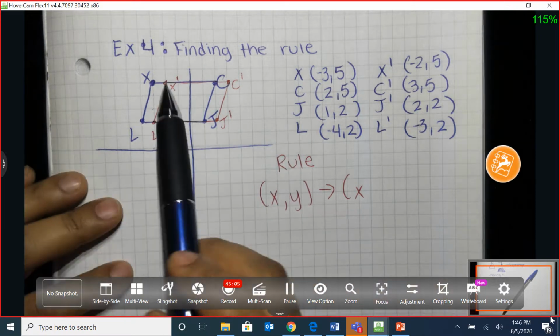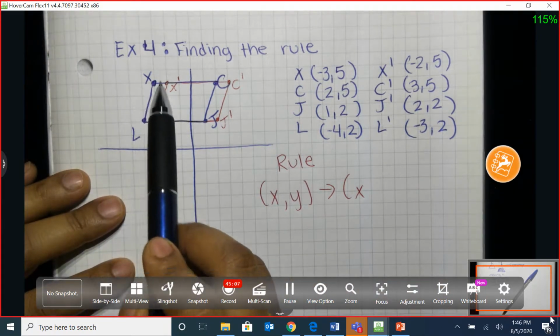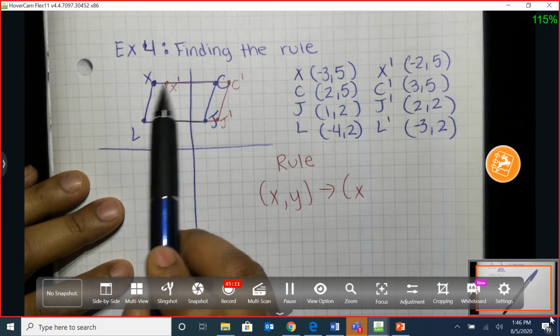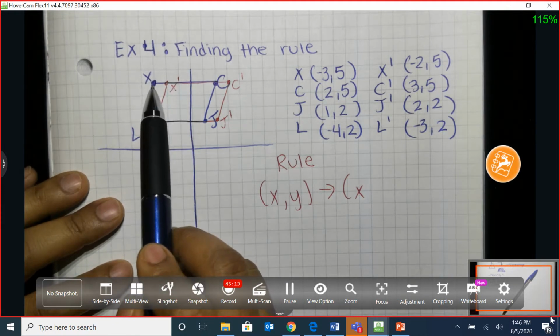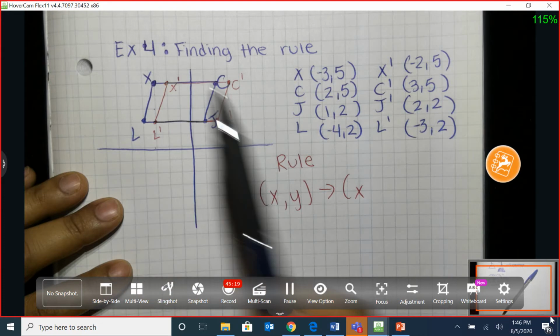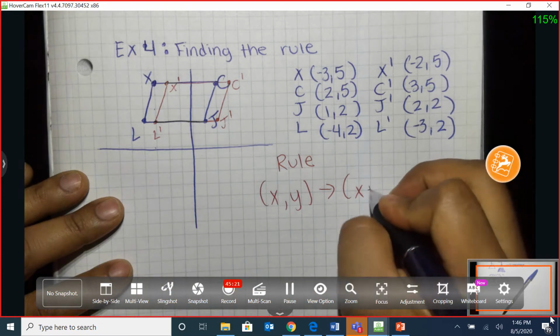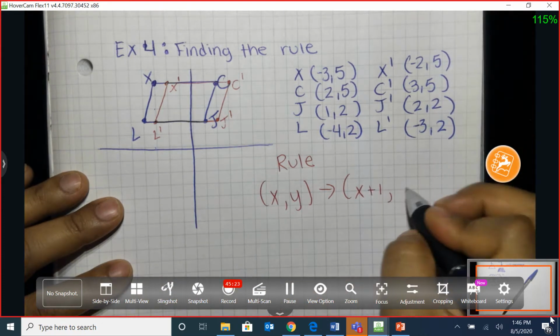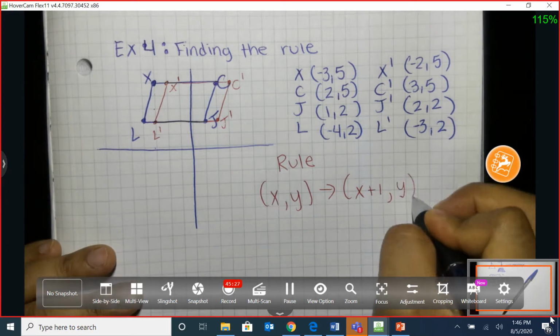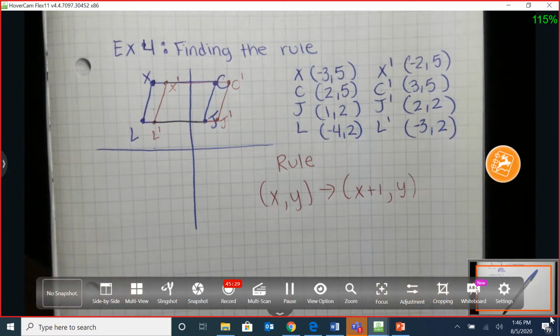It went to the right, because remember you have to start at the original image, which is the one without the little apostrophe on the top. So if you look here, it moved right how many units? 1. So then that means x plus 1, and then comma. Did it move in the y direction? You told me no. So therefore y stays the same. There's no change in the vertical shift going up and down.